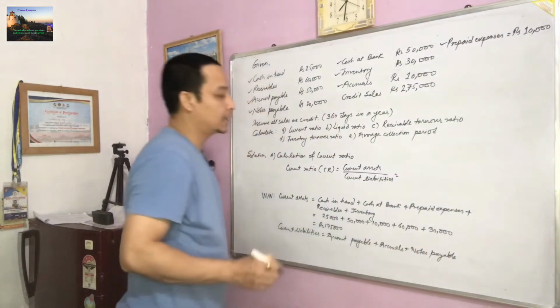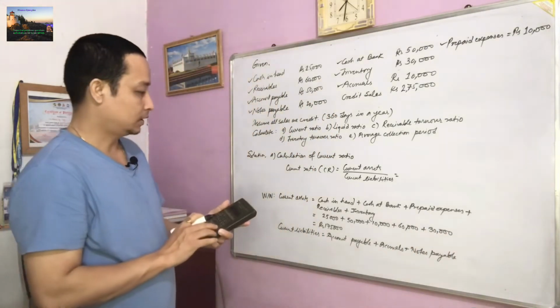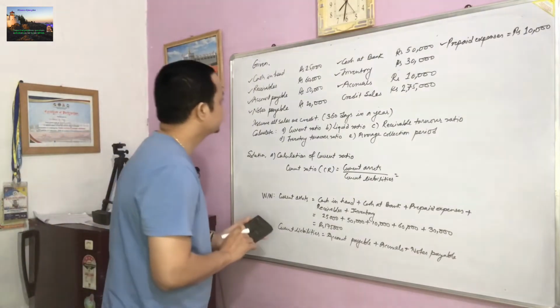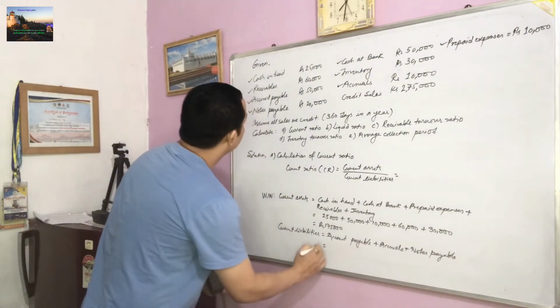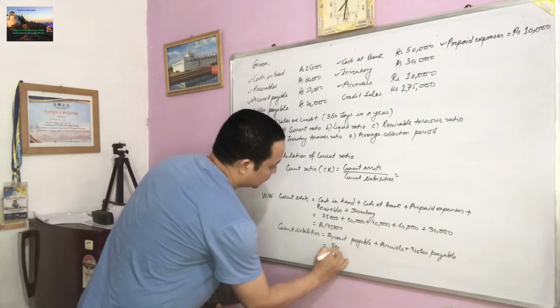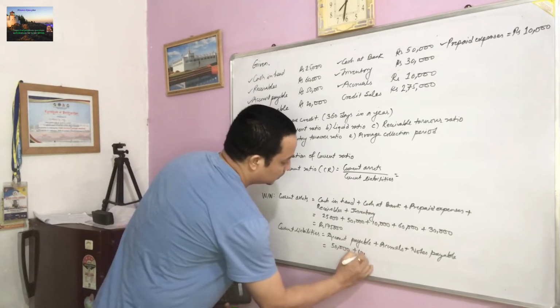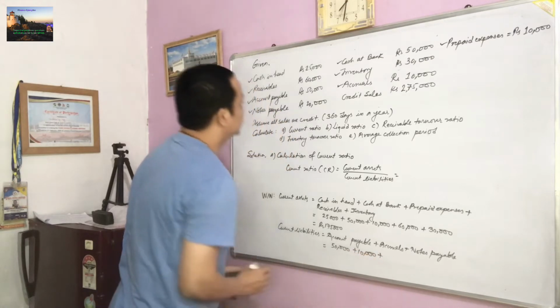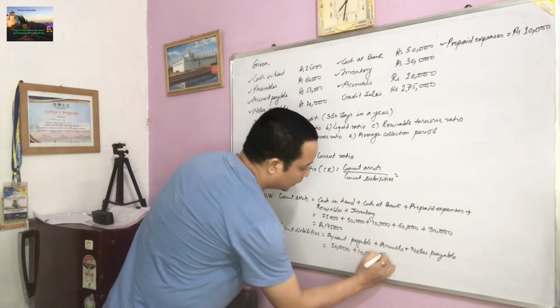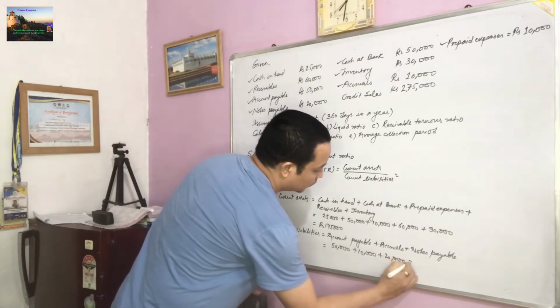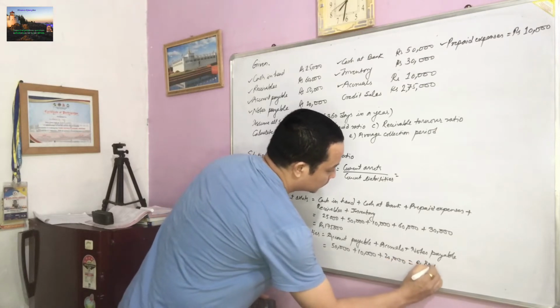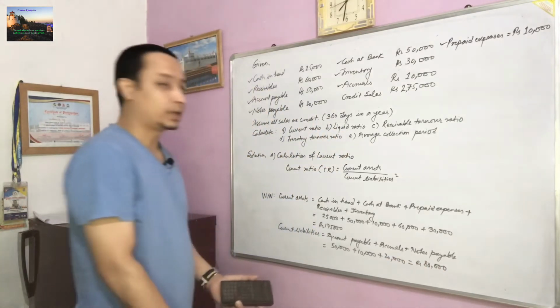These are current liability items. So now let's add this. Accounts payable here 50,000 plus accruals 10,000 plus notes payable 20,000, total rupees 80,000. 80,000 is the current liabilities.